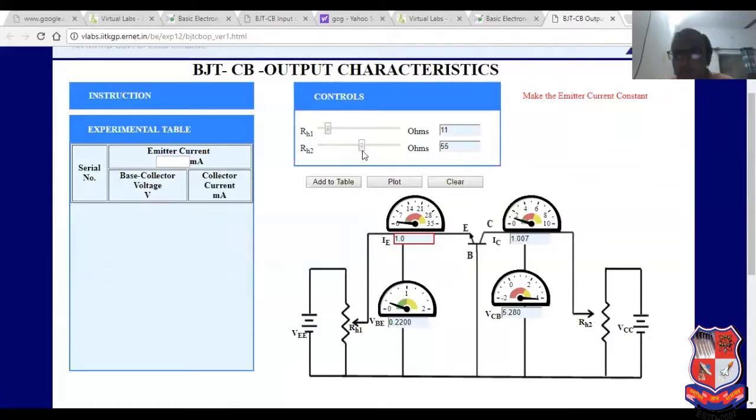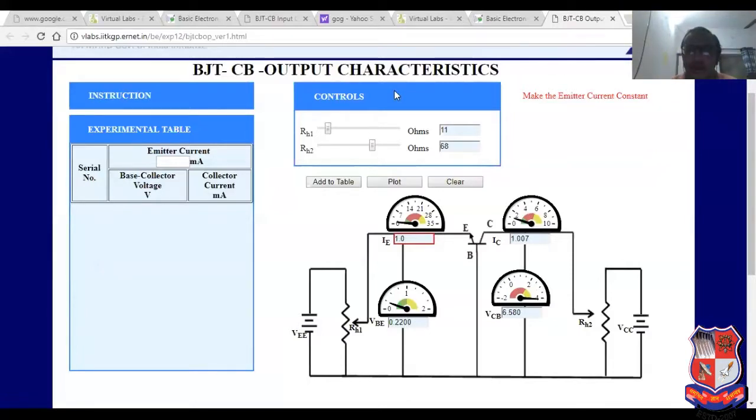See this very carefully. IC is increased starting from 0 volt, up to VCB equal to 3 volt. But otherwise, IC remains constant.